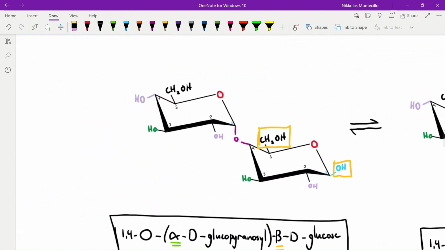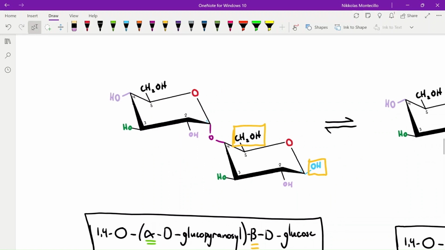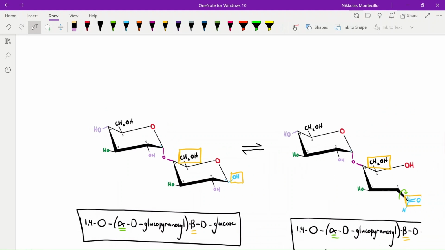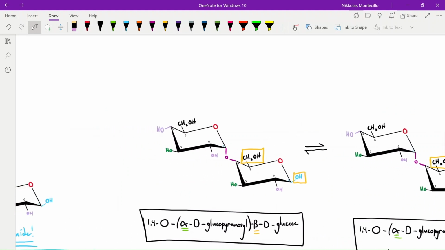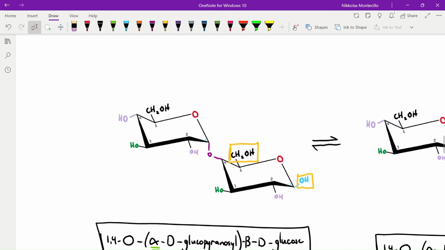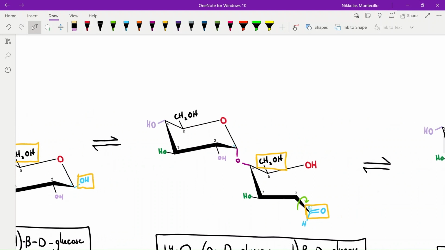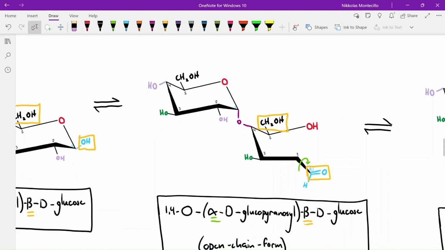So we can see here that this is 1,4-oxygen alpha-D-glucopyranosyl beta-D-glucose, or maltose, right? Now remember that the second monosaccharide, or monosaccharide 2, is capable of mutarotation in its open chain form, right? So this is maltose, but in its open chain form, more specifically monosaccharide 2.